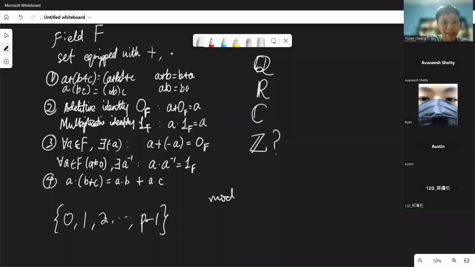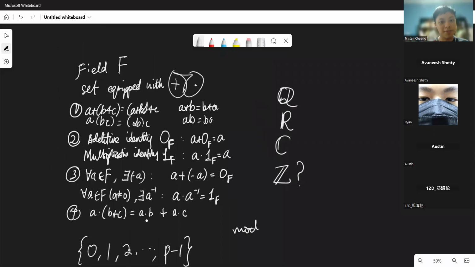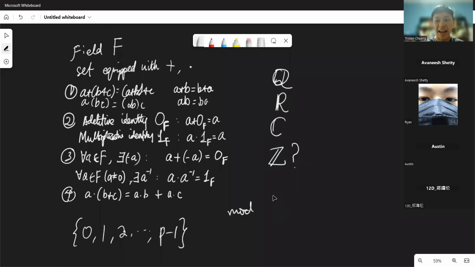So that's why I said, don't think about this plus and multiplication as the regular, usual ones that we know for those popular sets. Instead, think of it just as an operation that takes two inputs. In fact, you can think of plus and multiplication as a function. So a plus b is kind of like a function that takes two inputs, the add function.